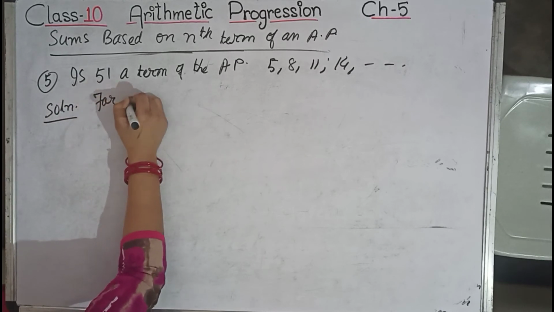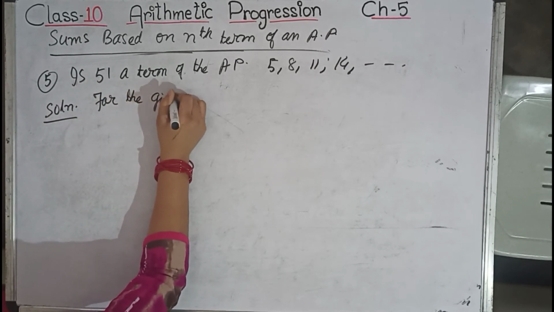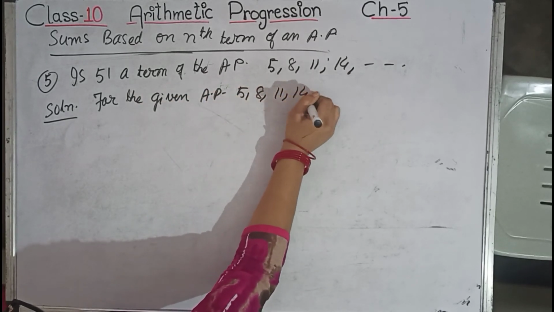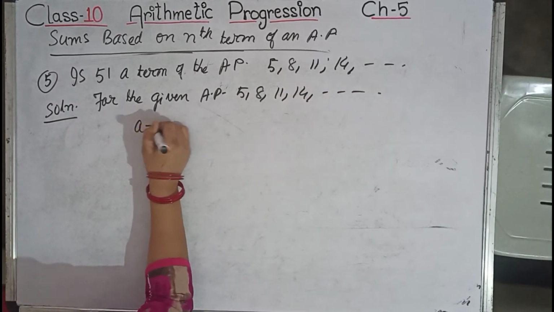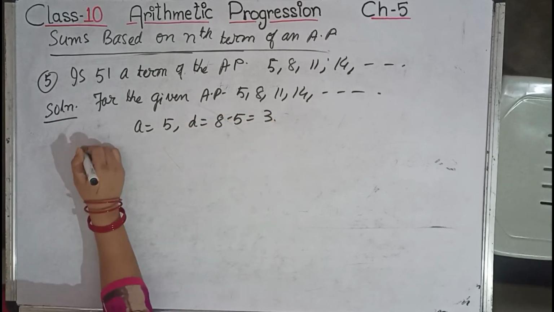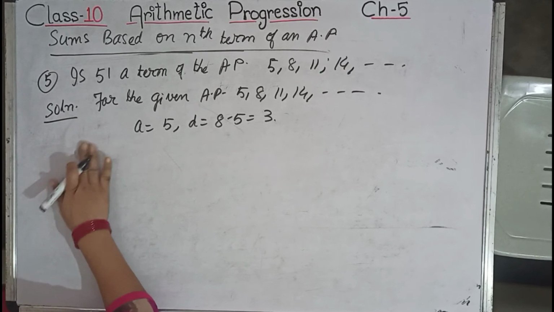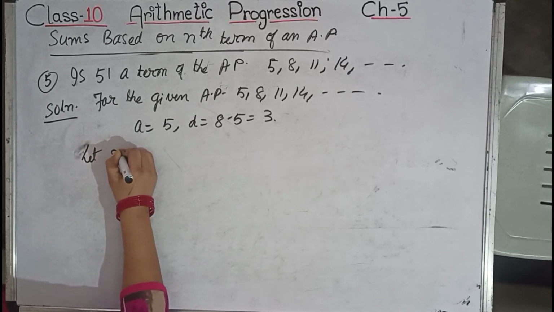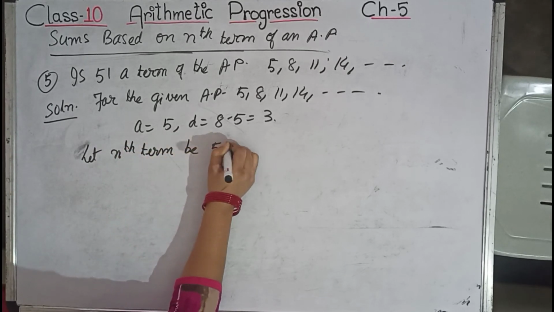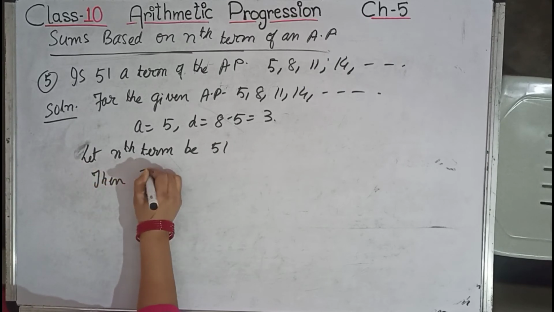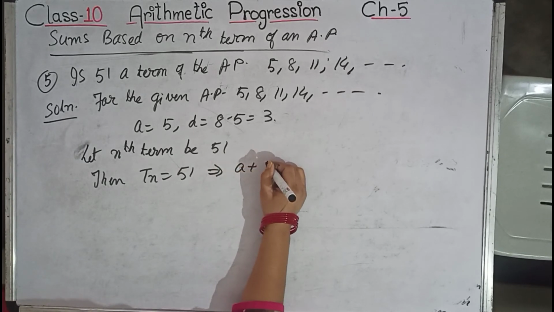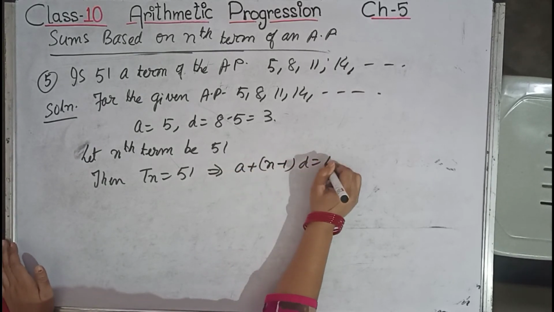Solution: for the given AP 5, 8, 11, 14 and so on, A equals 5 and D equals 8 minus 5 equals 3. Let the nth term be 51. Then Tn equals 51 implies A plus (n minus 1) into D equals 51.